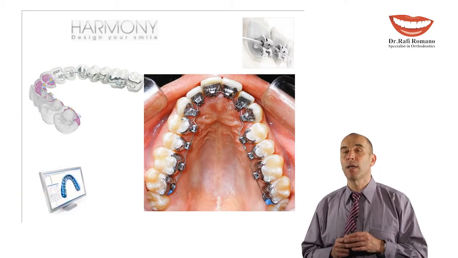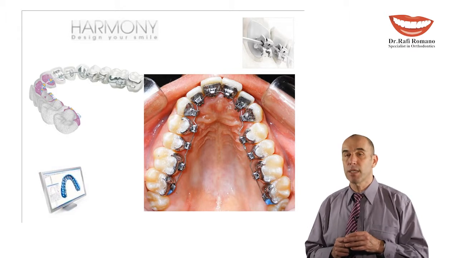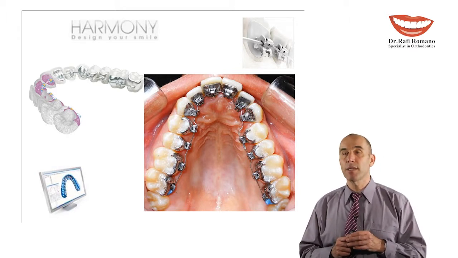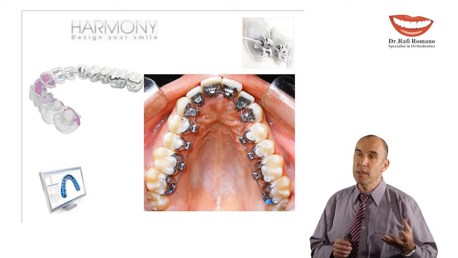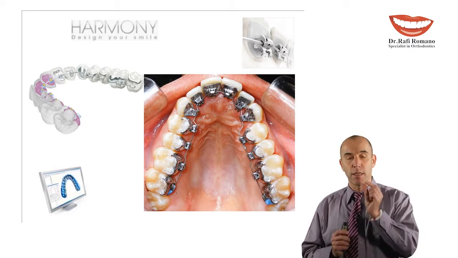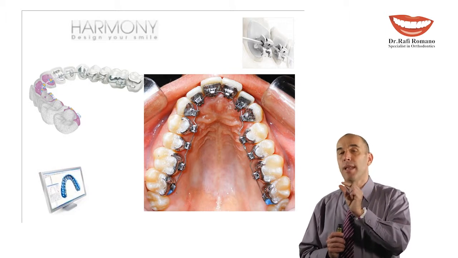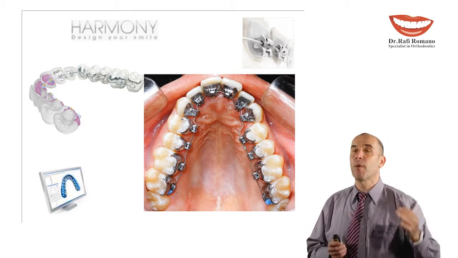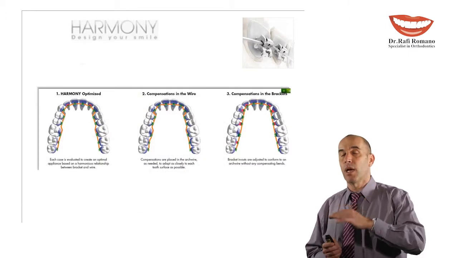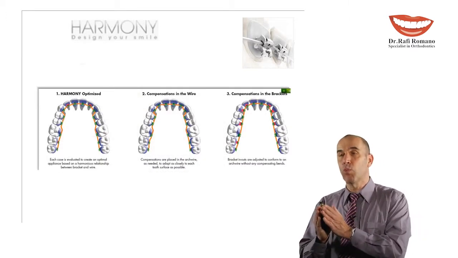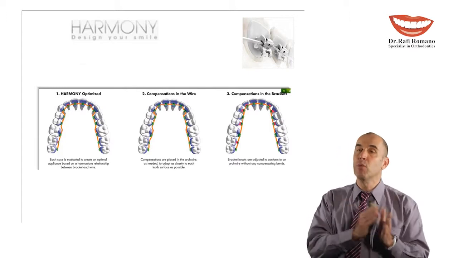Today we can find many other CAD-CAM techniques like Harmony. Harmony has a few versions according to your preferences. You can have the bracket as thin as possible and then let the wire compensate for the difference between the width of the tooth and the movement.